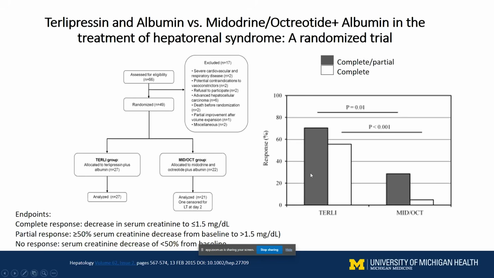Here the dark bar is complete or partial response, and the white bar is the complete response. Basically, terlipressin and albumin is superior to midodrine and octreotide.